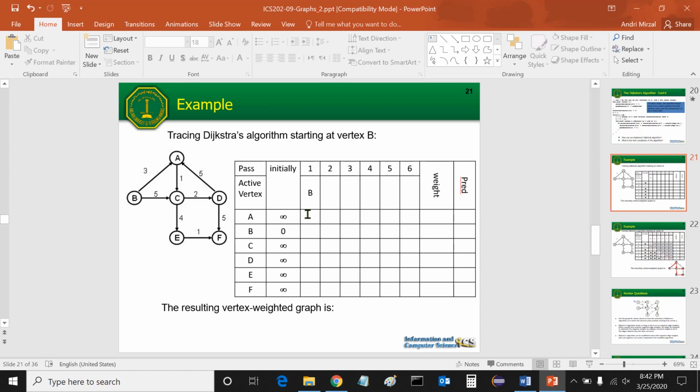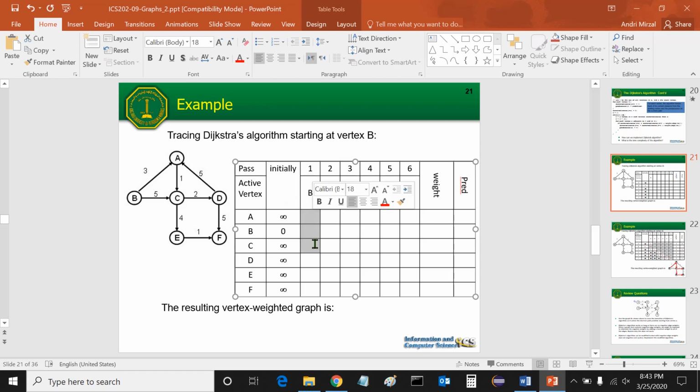Now, after this, we need to fill in this column. Okay, everyone, we need to fill in this column. This cell means what is the distance from B to A. Okay, from B to A. Actually, not only this column but all these cells should be inserted by using the total weight of the corresponding vertex, for example D, with respect to the starting vertex.